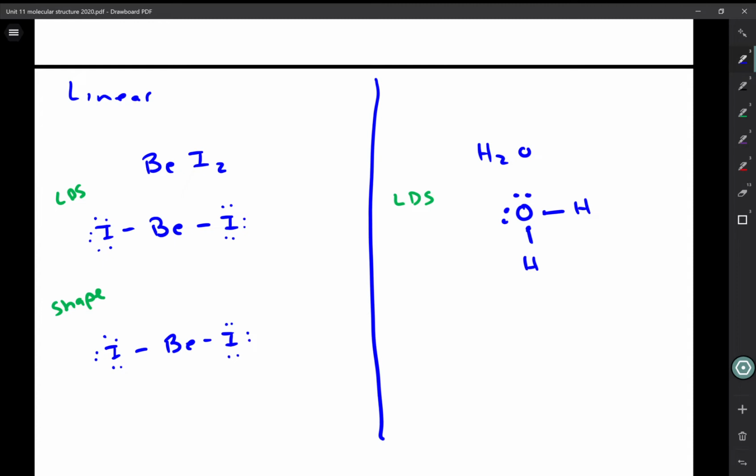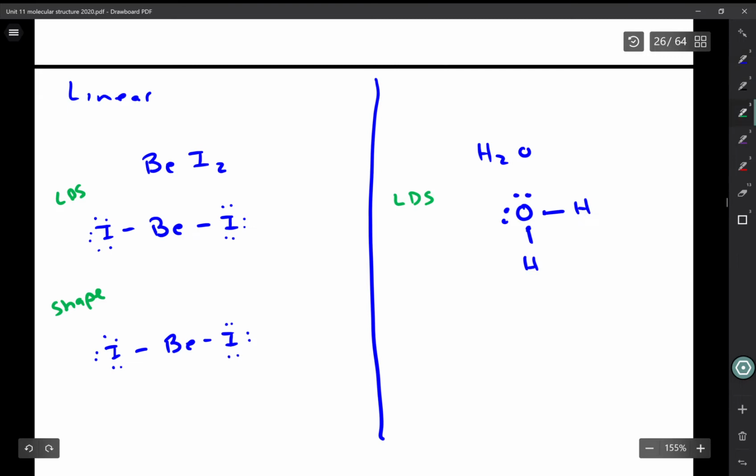Now this cannot be linear because, what does oxygen have that beryllium doesn't? Yes, you guessed it. Oxygen has these extra electrons here. Those 4 extra electrons are 2 pairs. What those pairs are going to do is bend the hydrogens down a little bit, push them down, make them more of an angle.